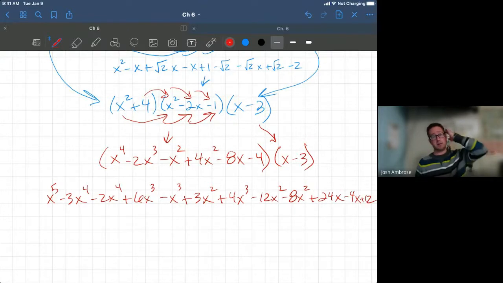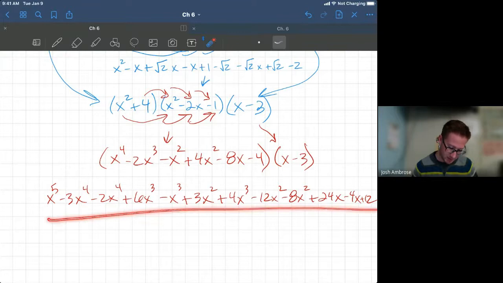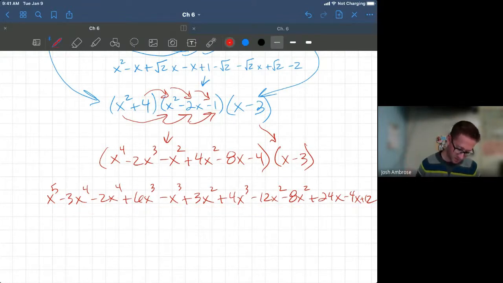My goodness. Wow. Okay. Take this crazy, insane polynomial and simplify it. Break it down into what you have left.